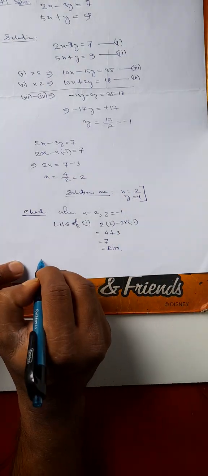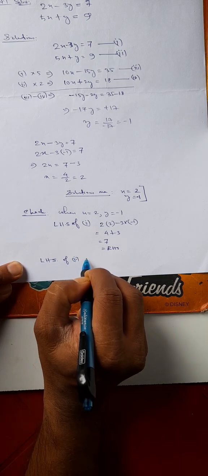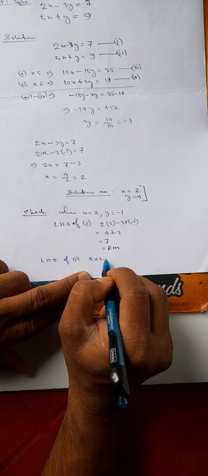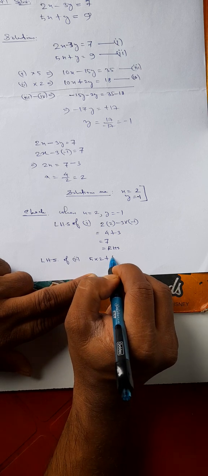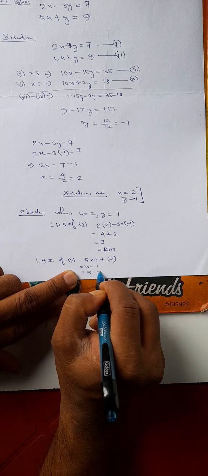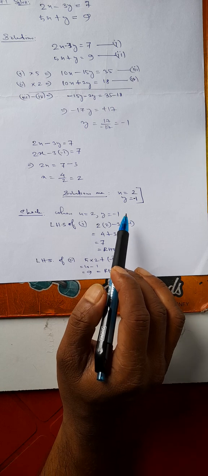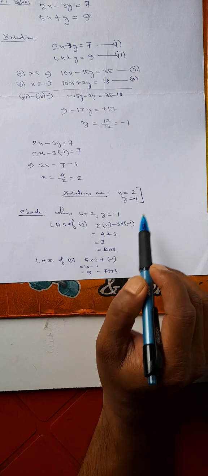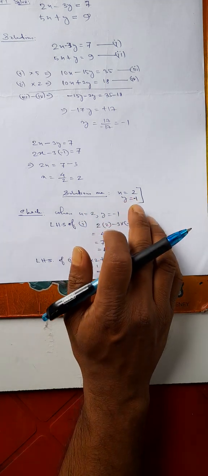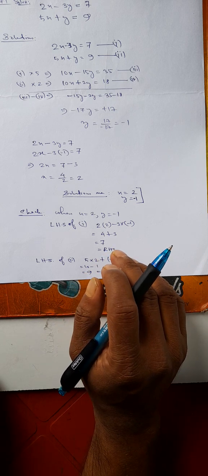Now left hand side of equation 2, 5 into 2 plus y, which is minus 1. 10 minus 1 equal to 9, that means right hand side. So this pair of values of x and y also satisfies equation 2. That means our solutions are correct. This is how you can check whether you did right or wrong.